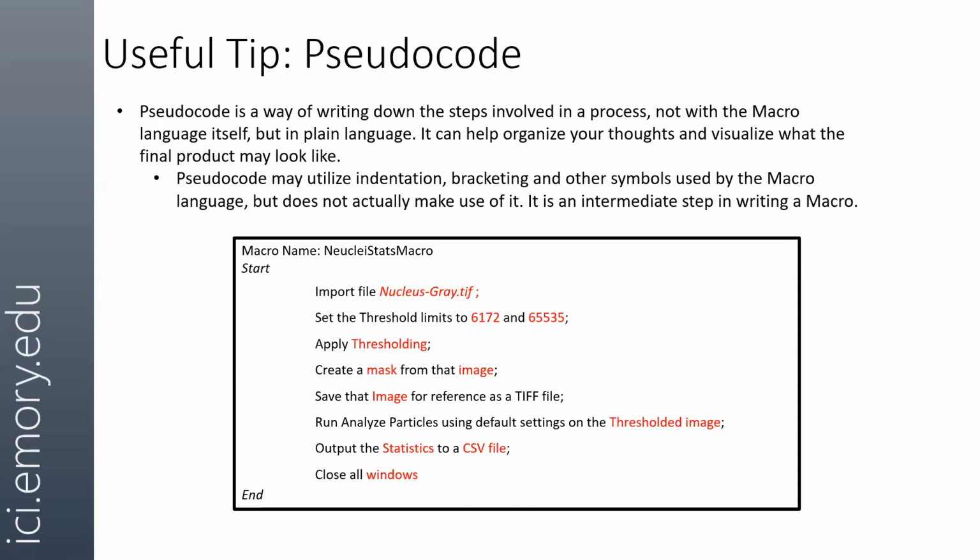We've split the process up into its smallest elements, and then we can list them in this way, where each of these elements will correspond in the actual macro to one, at most two or three lines of code.